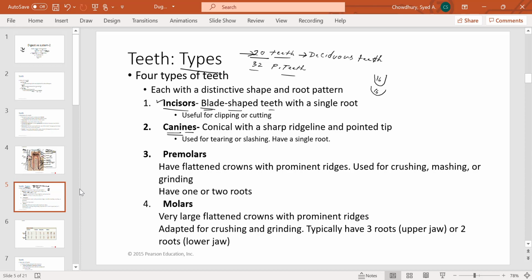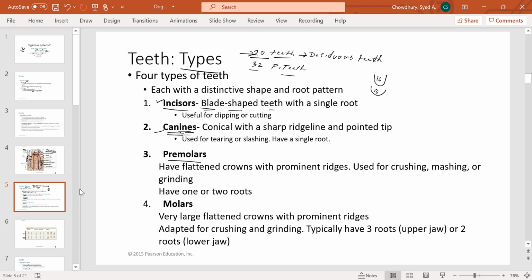Okay, so you will see in those creatures or animals that eat raw meat, their canine teeth are more pointed and longer. In human, we have canines, but the canines are not very long.